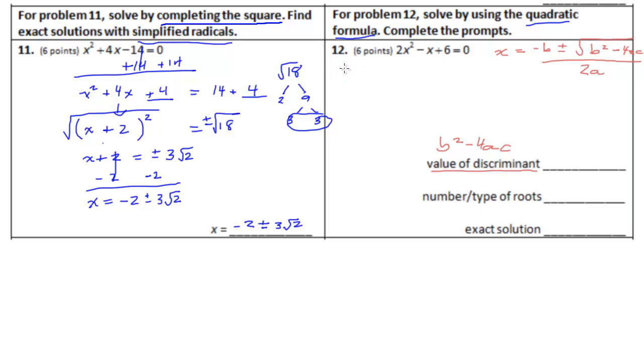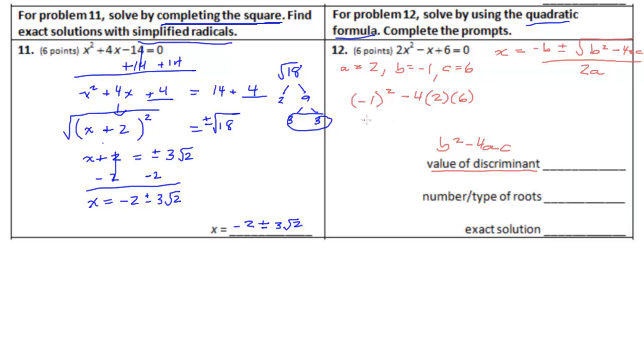Let's do just a little bit of other preliminary work. A is 2, b is negative 1, c is 6. And so the discriminant will be negative 1 squared minus 4 times 2 times 6.